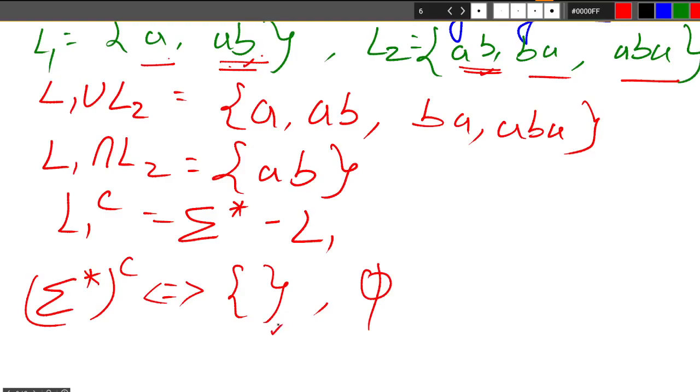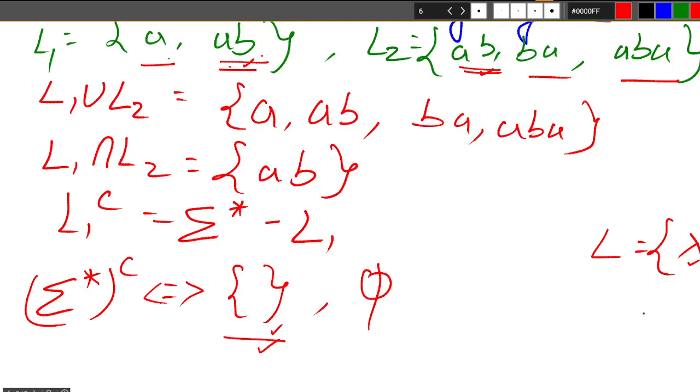However, lambda is a null string. So this null string can be a part of a language. One language is possible which accepts only lambda. So lambda is a string, whereas this is a set, an empty set.